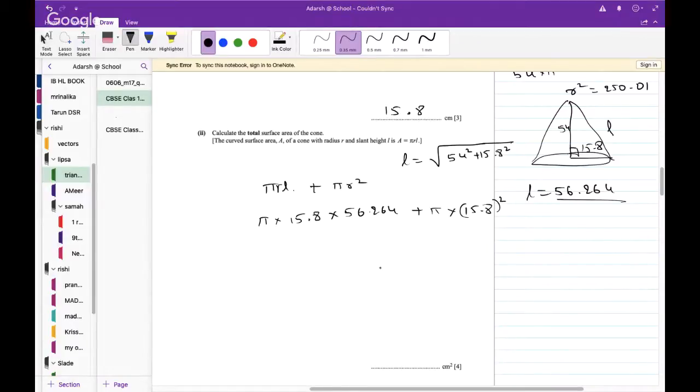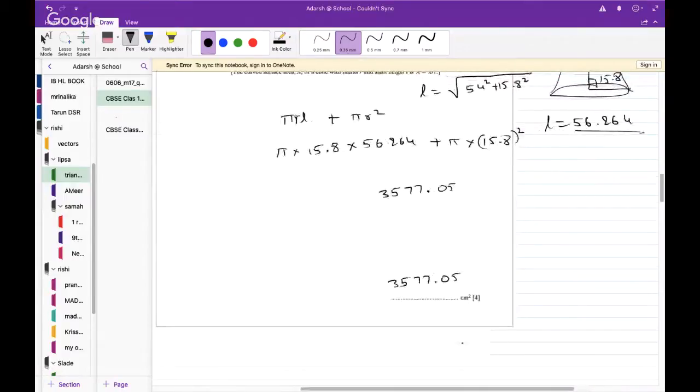The answer happens to be 3577.05 centimeter square. That is the surface area.